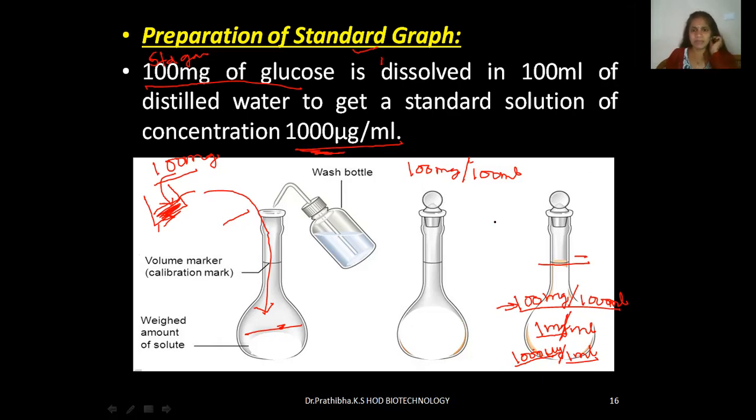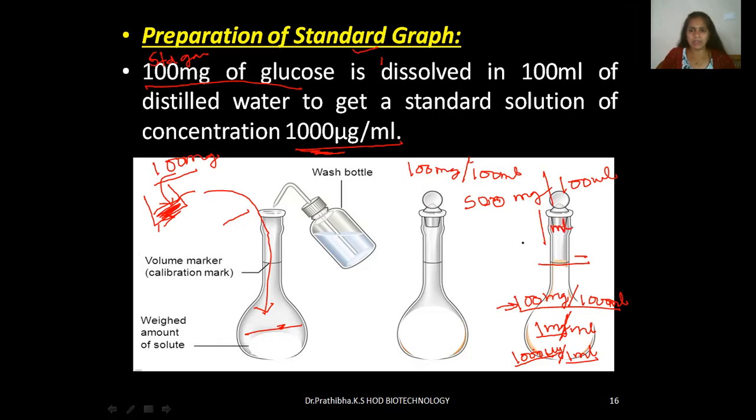For example, if I have taken 500 mg of glucose and dissolved it in 100 ml of distilled water, how much is the concentration? So 500 mg means per ml how much?